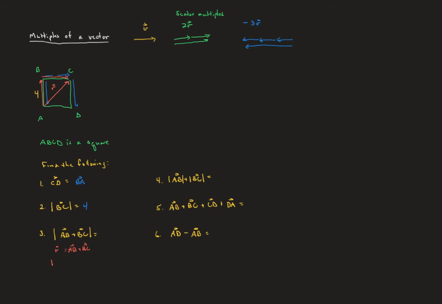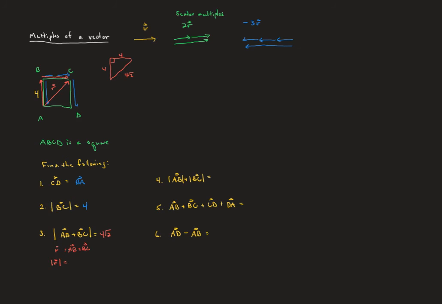And now the magnitude of that vector means we want its length. So now you can think about that right triangle that you have created that's got 4 for a side length. And since that's isosceles, if you think back to your geometry days, then that's going to be 4 square root of 2, or you can do a quick Pythagorean theorem argument.